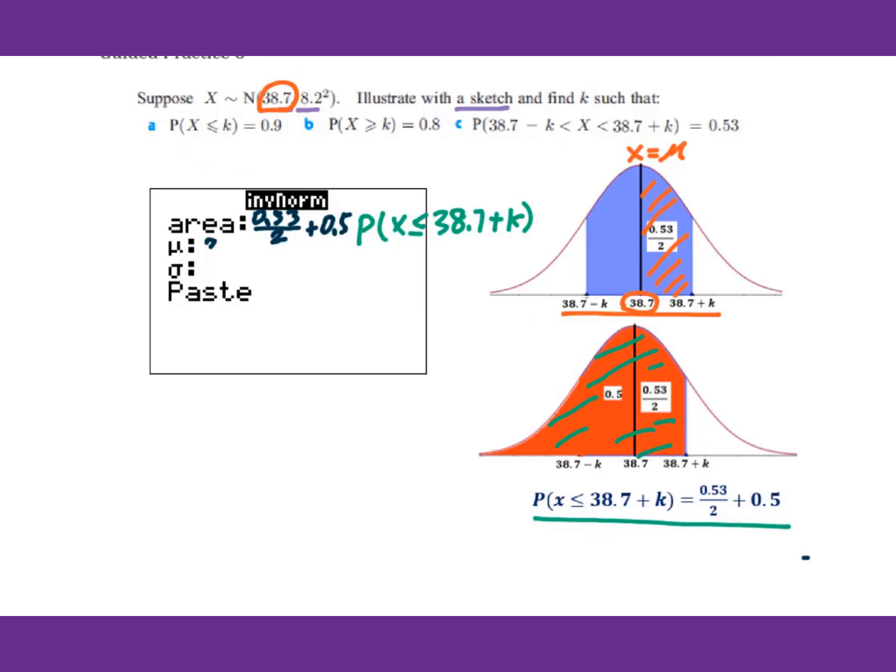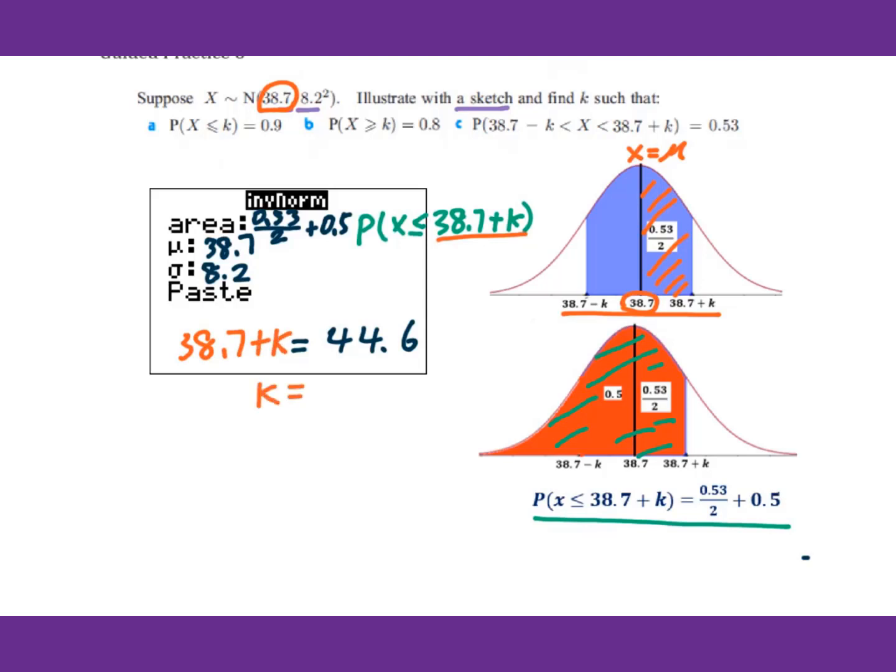For the mu, that is 38.7. Standard deviation will be 8.2. You will get that value will be 44.6. This 44.6 equals 38.7 plus k.